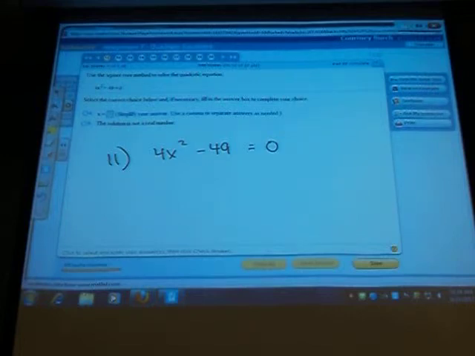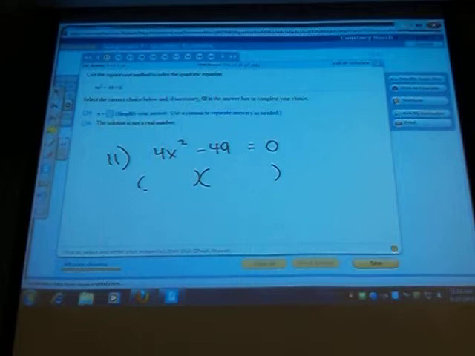What's another way I could do this? You could divide both by 4, I think. No, you can't. Not 49. Can you guys factor this? This is the difference of squares. So this actually does factor.